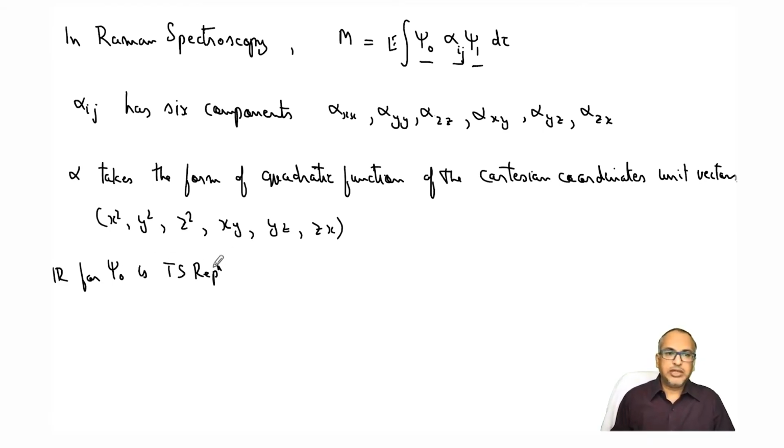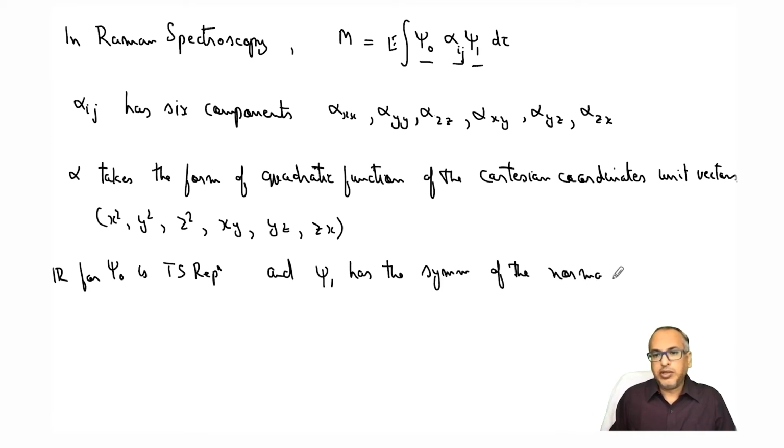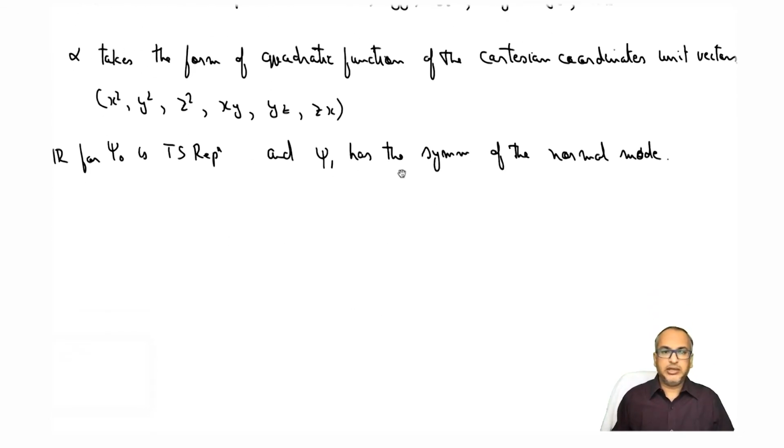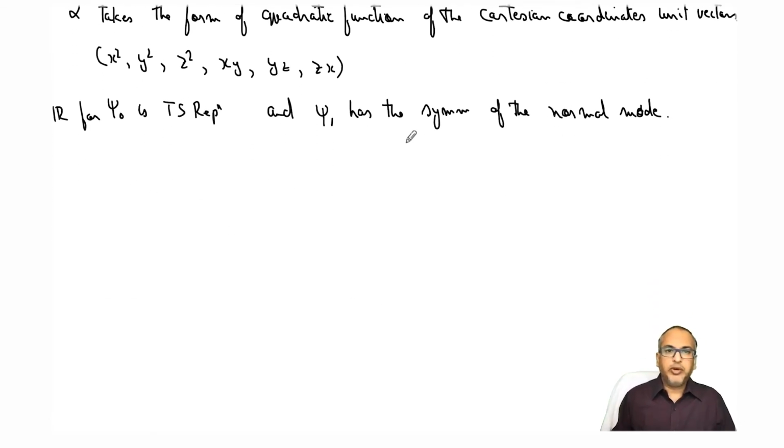And psi 1 has the symmetry of the normal mode that we have already seen, and we are talking about only the first excited state. You can of course talk about the second or third excited state if you want to, but let us keep our discussion to the first excited state. So now we know the symmetry of all three, and we have to see whether the integration will survive or not in a particular case.